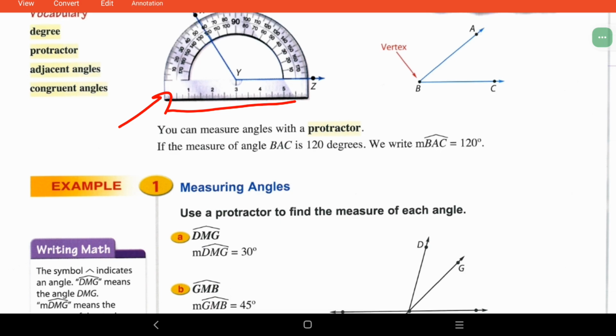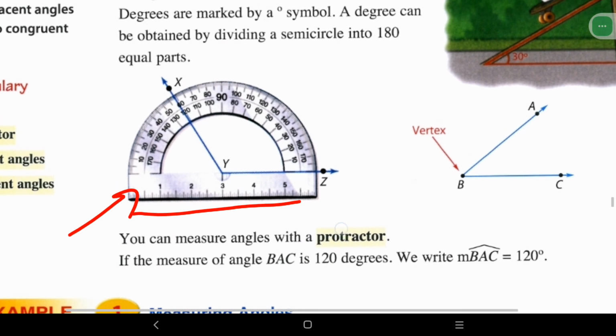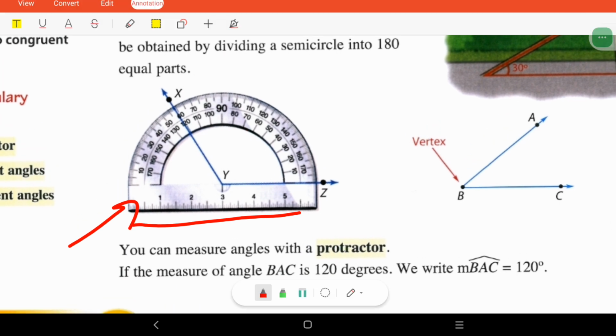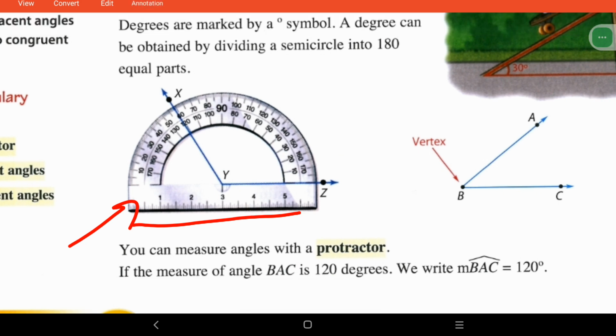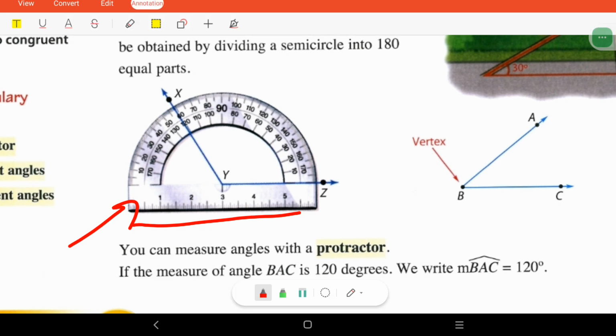So in here, as you can see in this figure, to measure this angle, we're going to put the protractor on it, which is this type of ruler, and then inside it starts with 0. As you can see, we have two numbers, one inside and one outside. The inside number is for the one that's open on the right side, and the outside is for the one that's open on the left side.